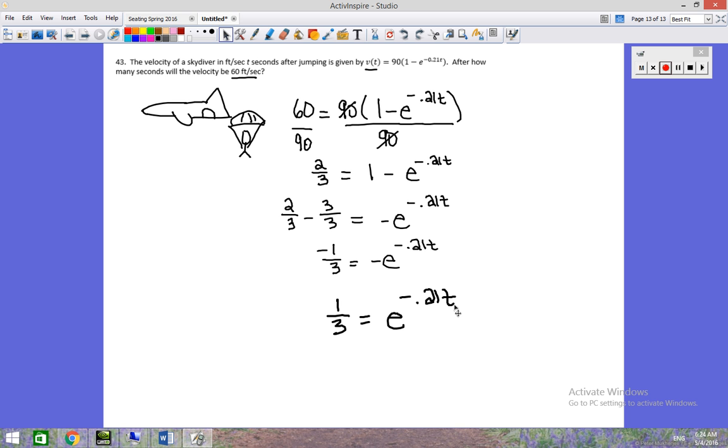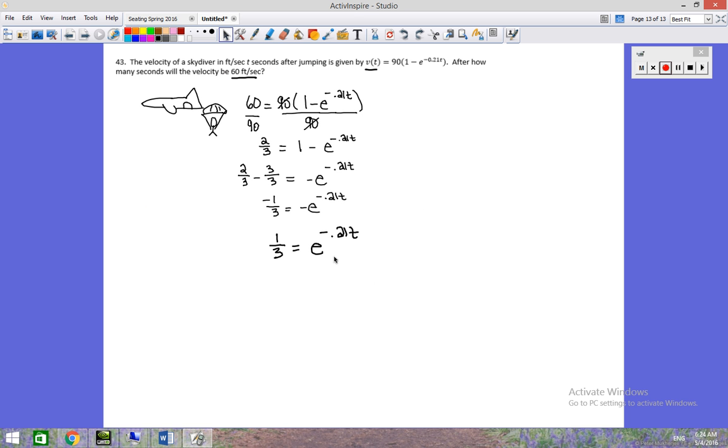All right, so now let's take the natural log of both sides, because we've gone as far as we can, and this is an exponential equation, and to undo that exponent we need to take its inverse, which is a logarithm. So if I take the natural log of 1/3 on the left-hand side, I have to take the natural log of this e to the negative 0.21t.